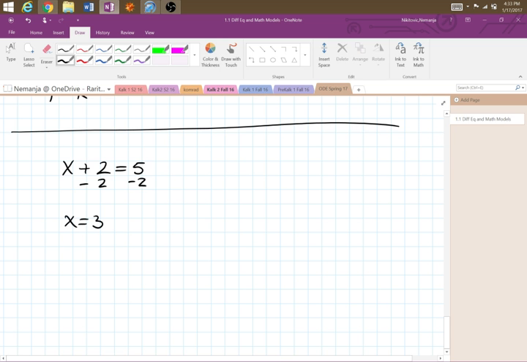Terribly exciting. And then you're going to check this, because you're still not sure. See how exciting this is? It's breaking the classroom. You say 3 plus 2 is equal to 5, and then 5 is equal to 5, right? So you check.